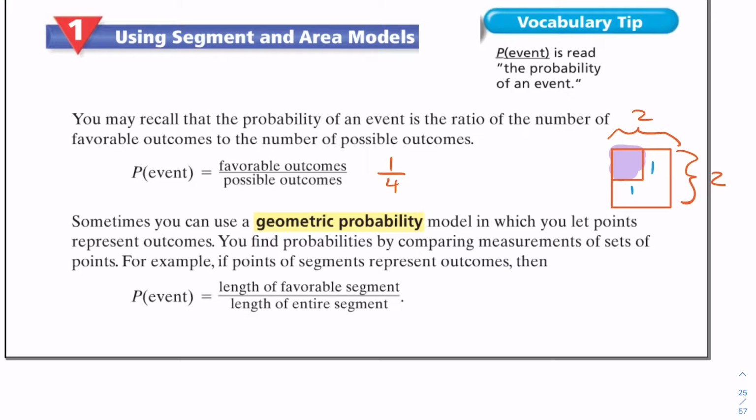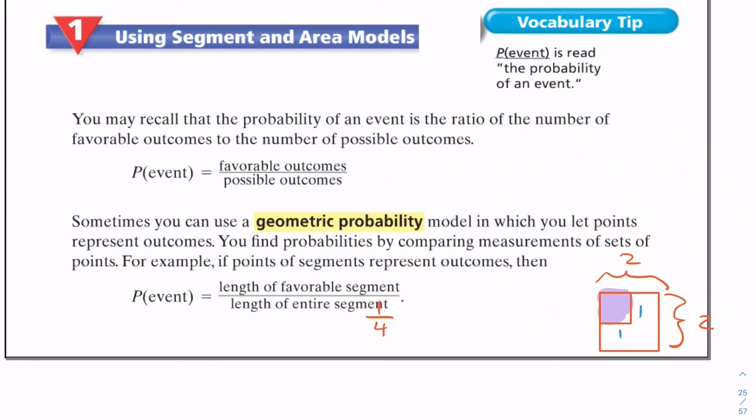Looks like about a quarter of it. So it's the probability of the event occurring. Geometric probability is also just specifically about a length or an area or a volume being favorable over the volume or area or length of an entire group of something. Okay, so this was more of a geometric example right here.